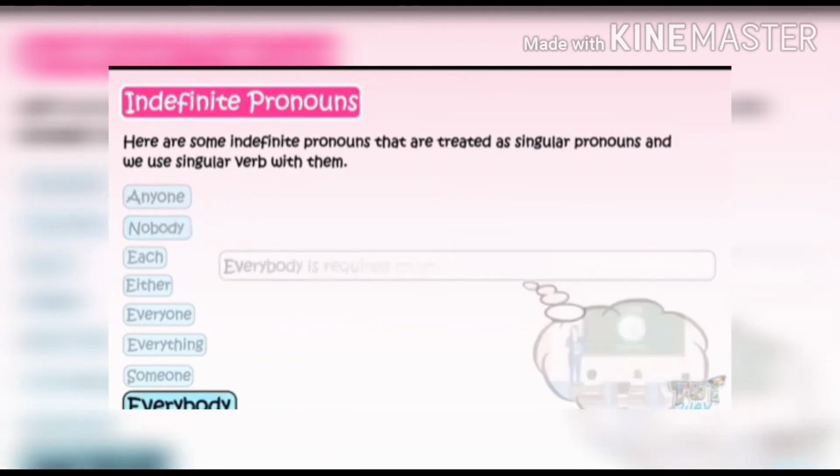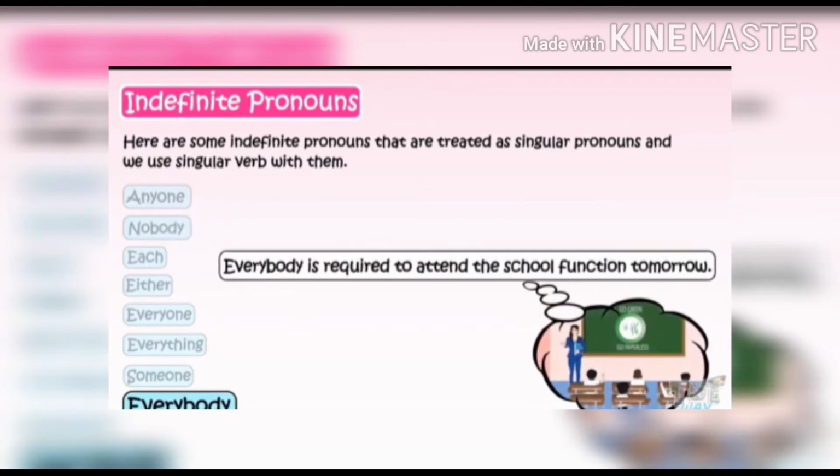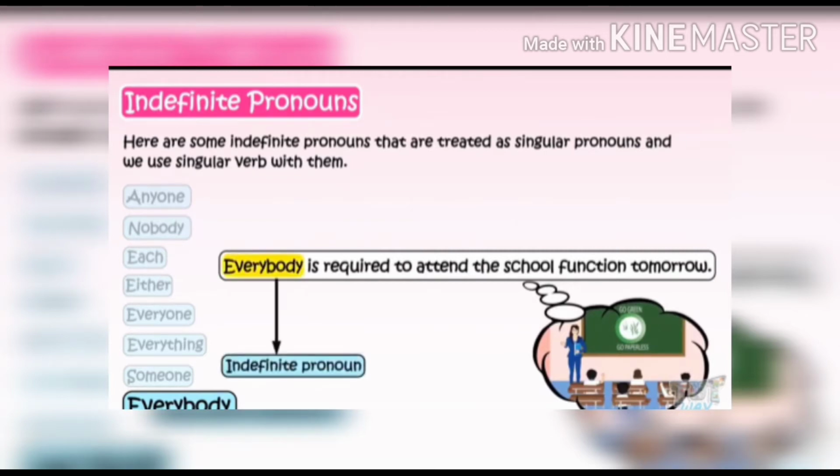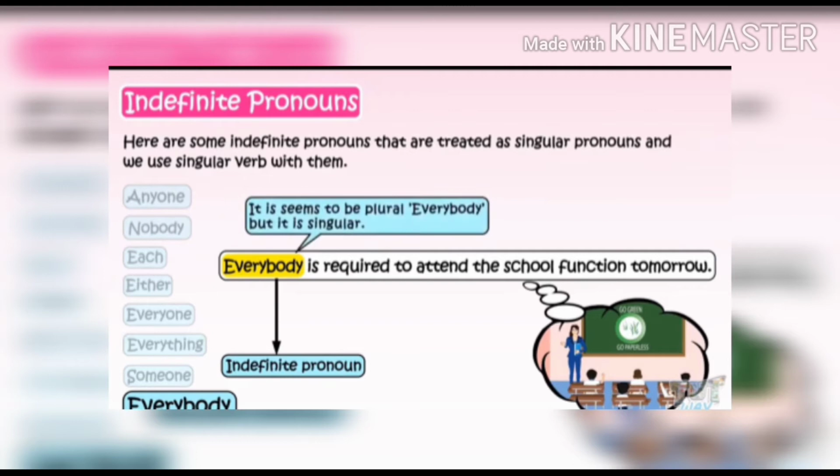Everybody is required to attend the school function tomorrow. Here we have a pronoun, everybody. It's an indefinite pronoun. And is it singular or plural? It seems to be plural, everybody, but it is singular, as it is referring to all persons or all things collectively as a single unit.